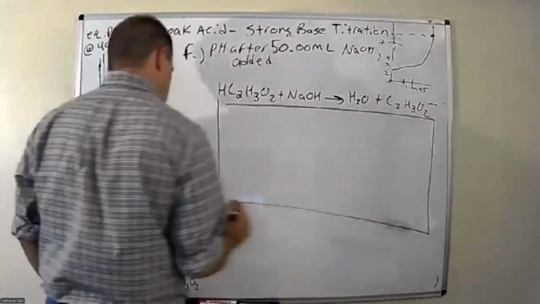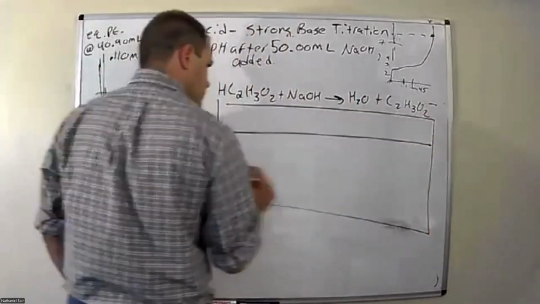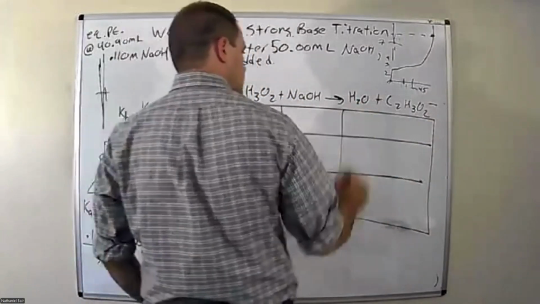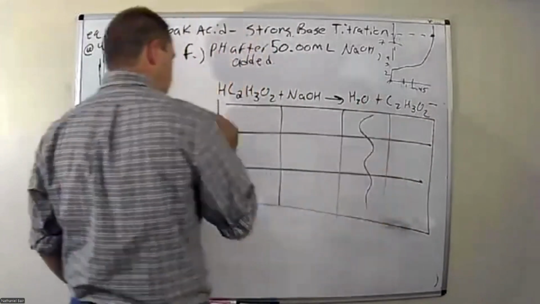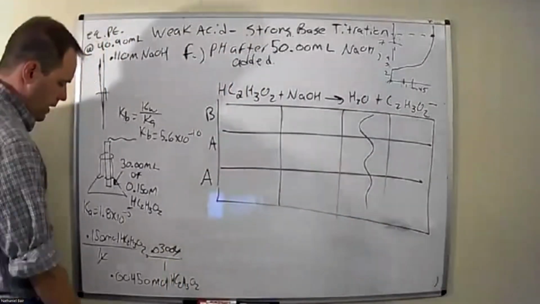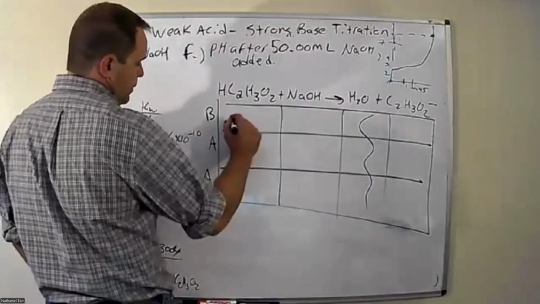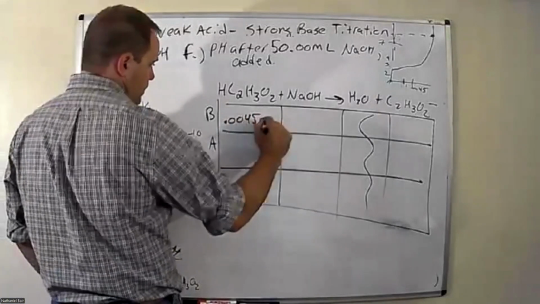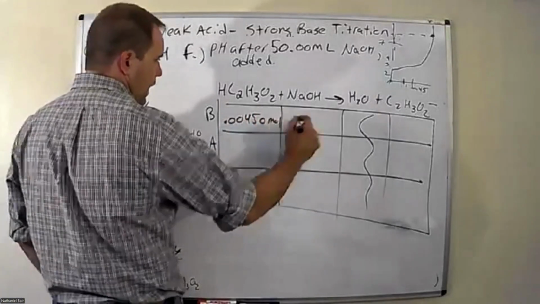And then we made the BAA table. Before we added anything, it was 0.00450 moles of that.